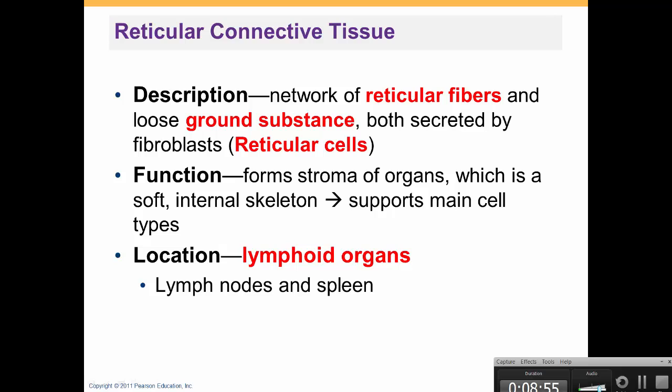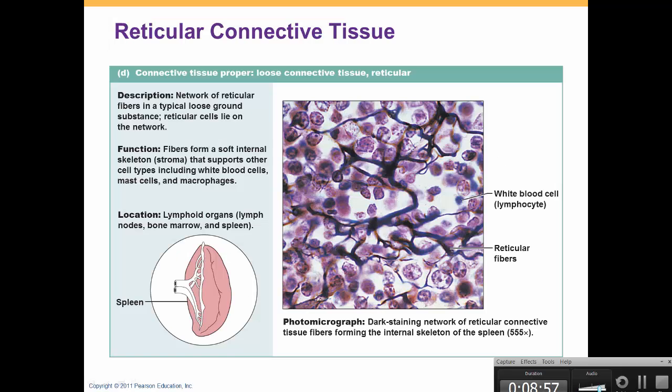Example of that is the lymph nodes and spleen. So this is a special staining, and this is my spleen here. The special staining shows the reticular fibers, and as you can see, they are very thick, dark fibers. And in between them, you have cells. So this is reticular fibers. These are white blood cells.